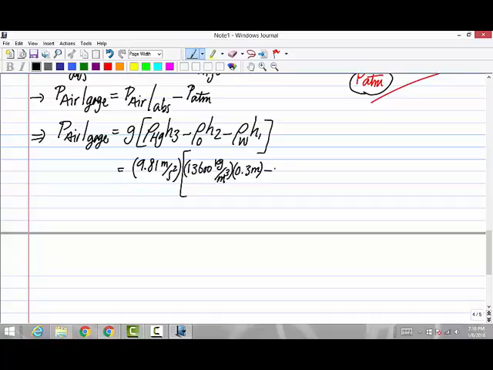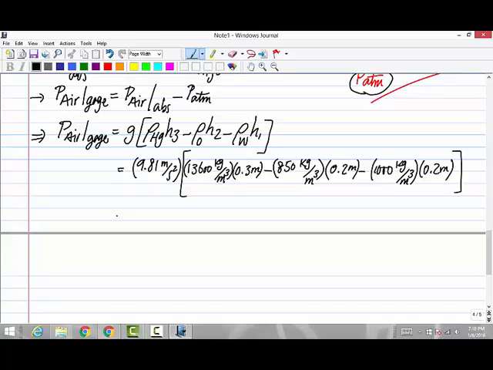Minus oil, 850 kilogram per meter cubed times h2, and then water at the end, h1.